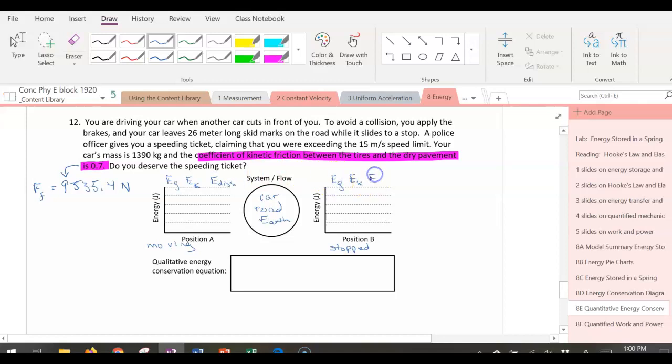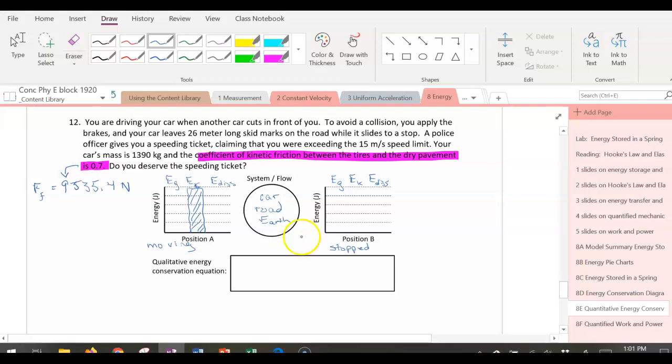Okay, so at the beginning, the car is moving. However fast it is, it's moving. So there's kinetic energy. It's on the ground the whole time, and they're not talking about the height changing, so I'm not going to deal with gravitational potential energy. At the end, the car is stopped. It's not moving.